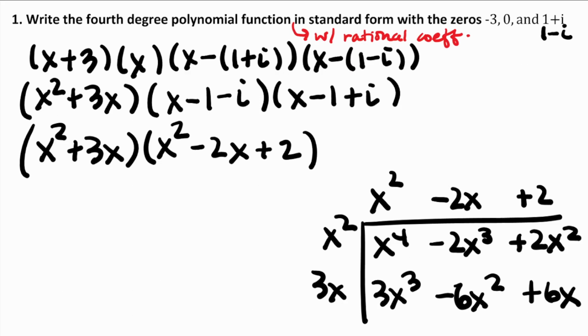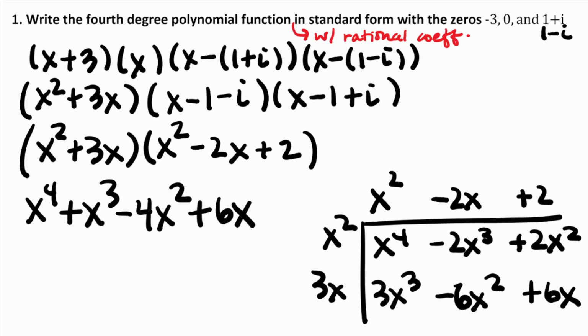And then I'm just going to report my result, which is going to be x to the 4 plus 1 x to the 3, because I had -2x to the 3 plus 3. So it's positive x to the 3 minus 4x to the 2 and plus 6x. Okay, and that's going to be in standard form.